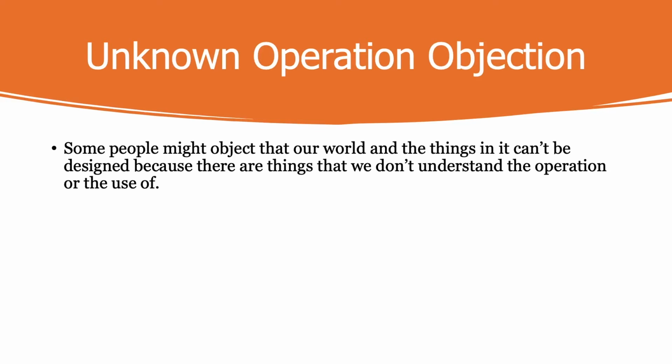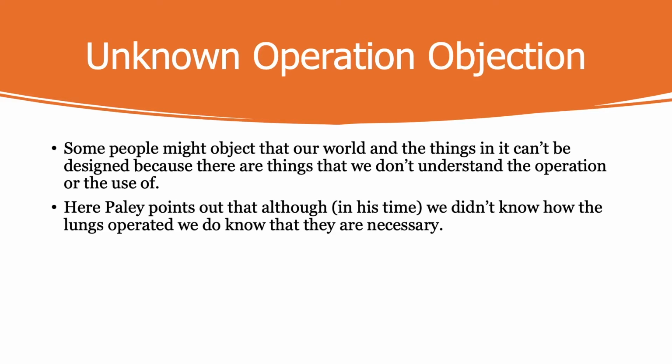So, some people might object that our world and the things in it can't be designed because there are things that we don't understand the operation or use of. So here, Paley points out that although in his time we didn't know how the lungs operated, we do know that they're necessary.